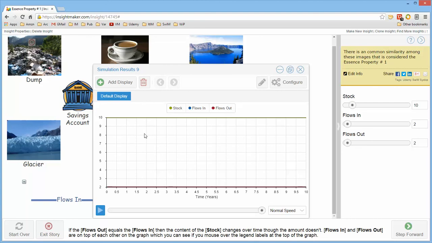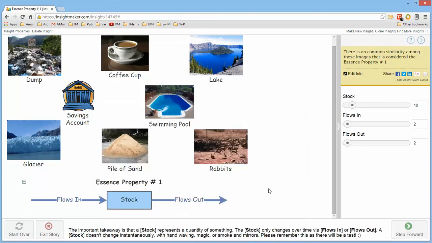So this is a situation where it represents growth or decline, but the growth or decline is not dependent upon the quantity of stuff. You will run into this at times, though generally the stock will be dependent upon the inflow or outflow one way or another.